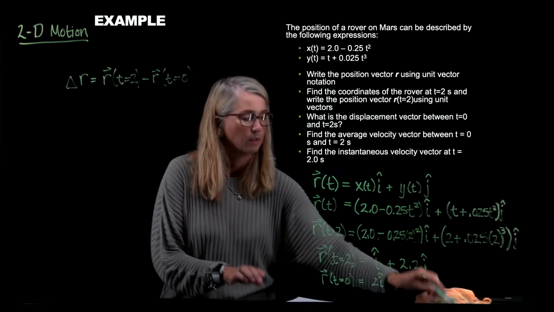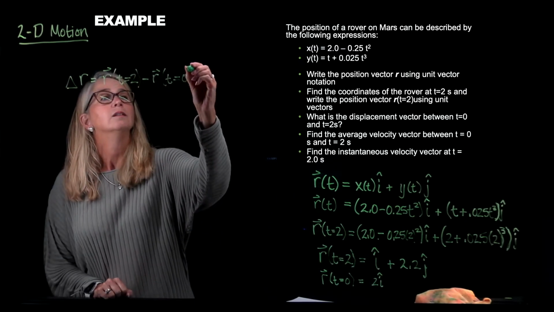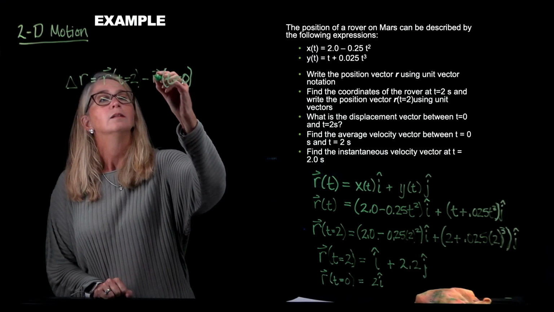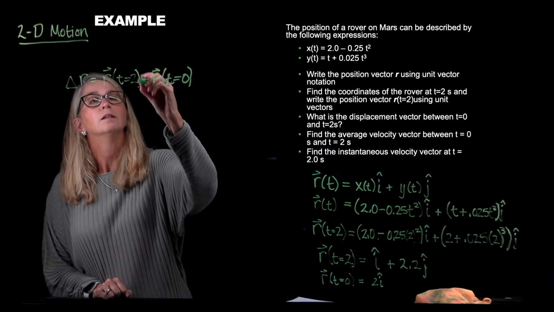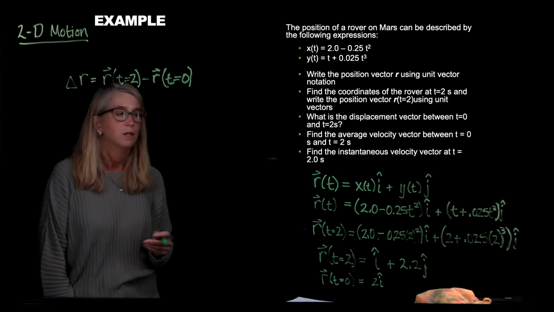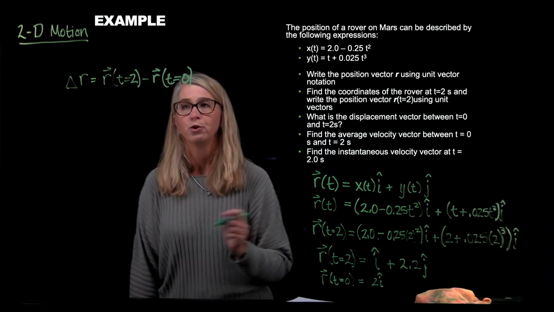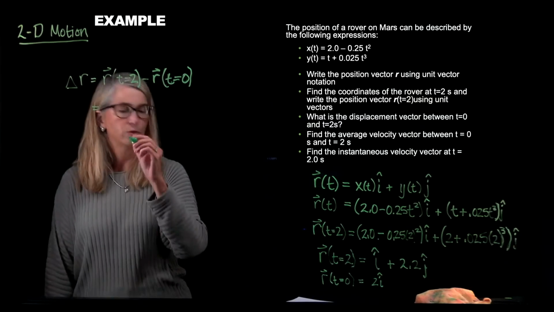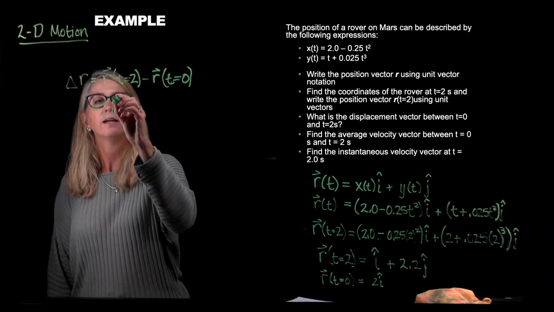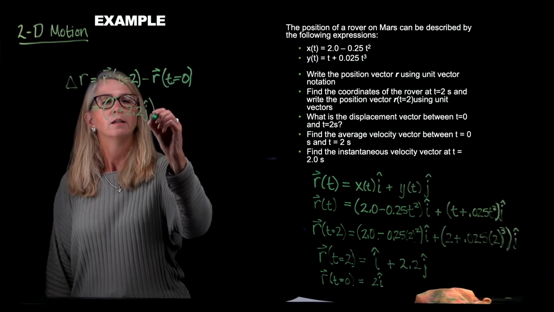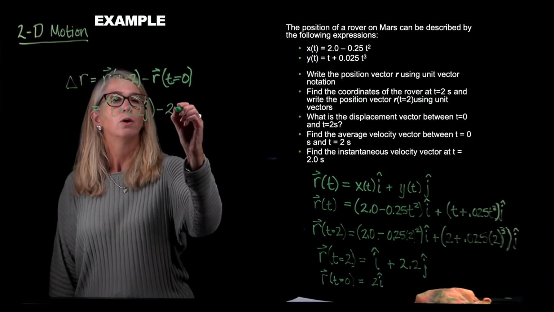We already know what those two position vectors are, so I have i plus 2.2j minus 2i.